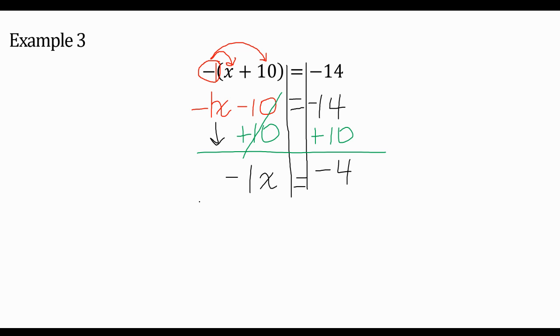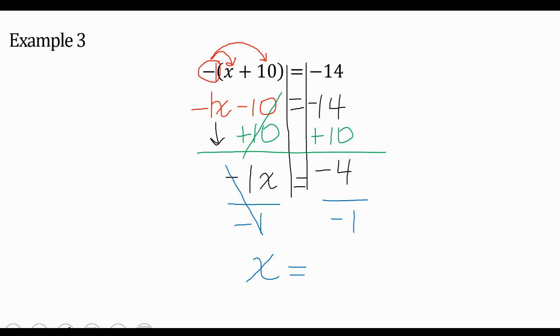Now, just like we were talking about before, we're not done yet because this needs to be positive. We need a positive x in the end. So what we're going to do here is we are going to just divide by this -1. So our x comes down.